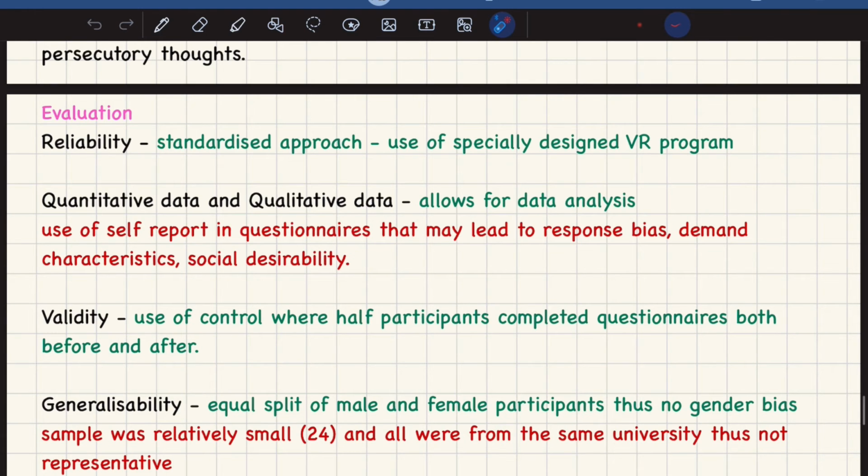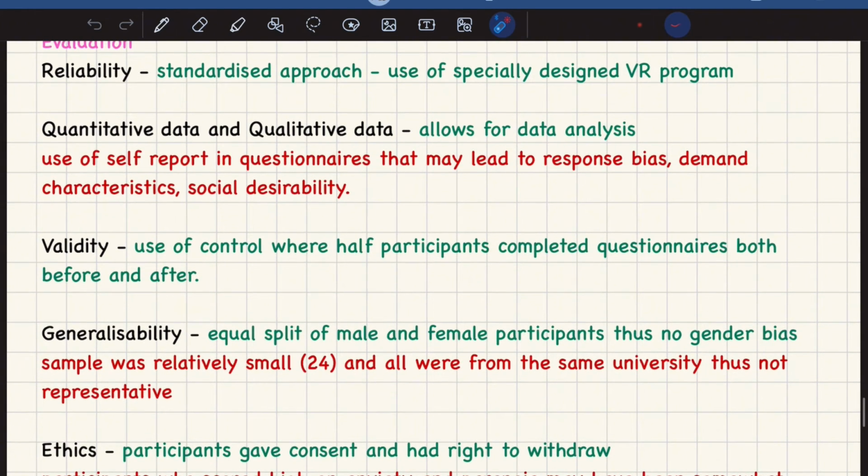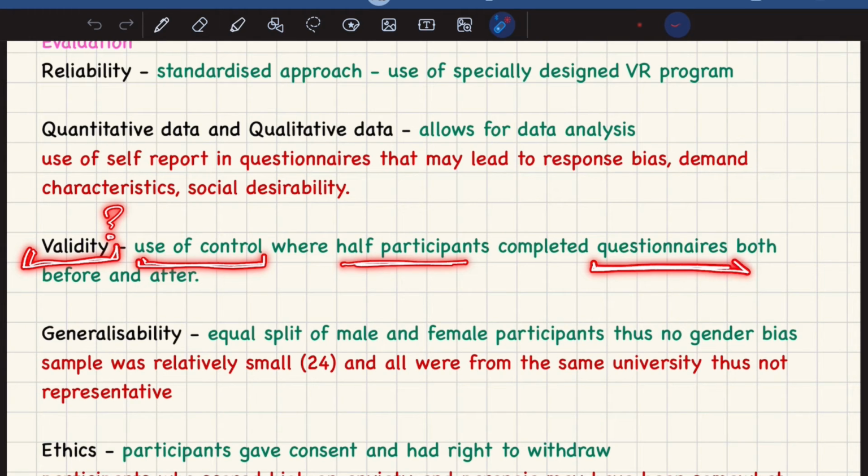Now, another strength of the study was validity. How was the study validated? There was use of control. Now, half of the participants completed the questionnaires, like the BSI questionnaire and all the other questionnaires, before the study started and after the study.